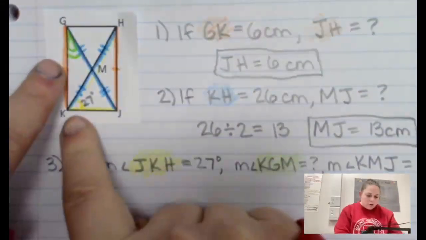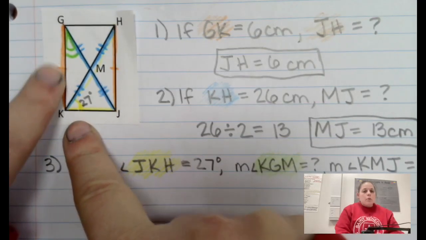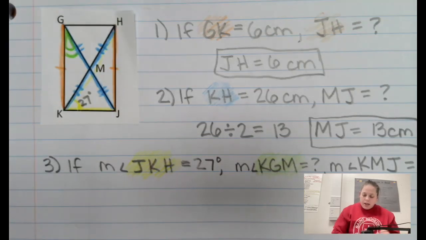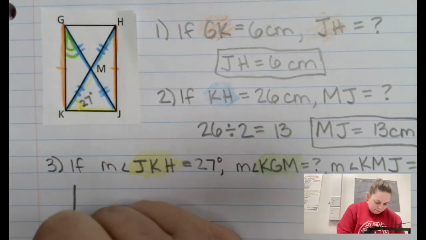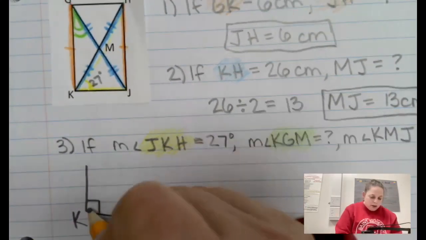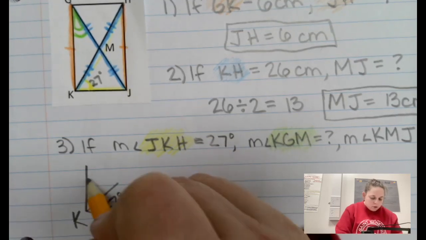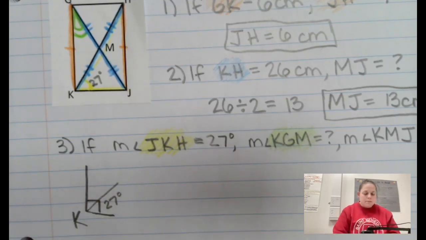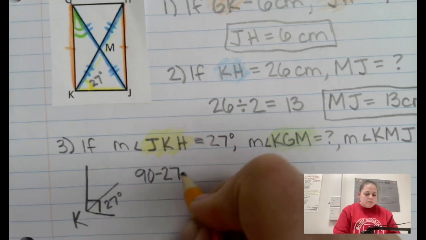First off, do those ones match? Nope. But what I do know is in the corner here at angle K, I know that that is a 90-degree angle. And there's a cut in the middle there that says that this is 27 degrees. So how many degrees would that other one be? Well, we would take 90 minus 27.